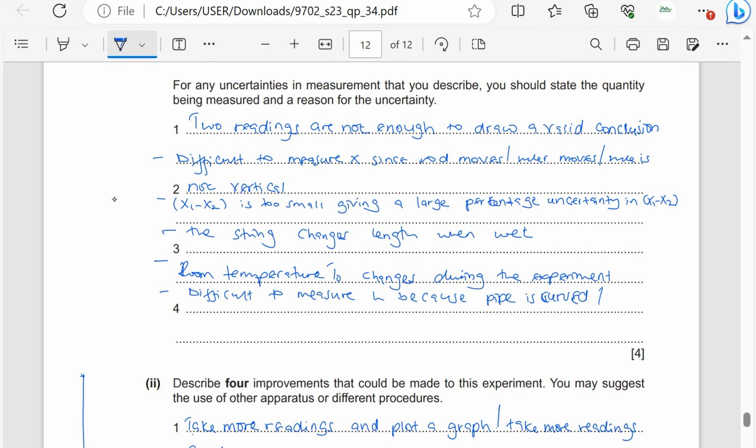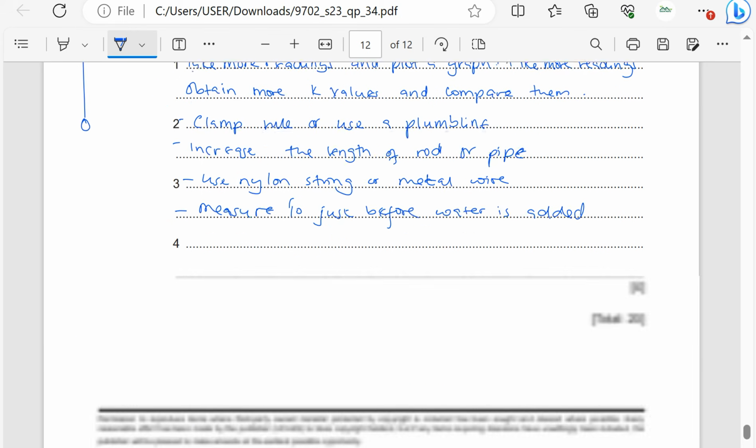Or you could say L is not the length, or is not the distance between the holes. Yet for extension, L should be the distance between the holes.